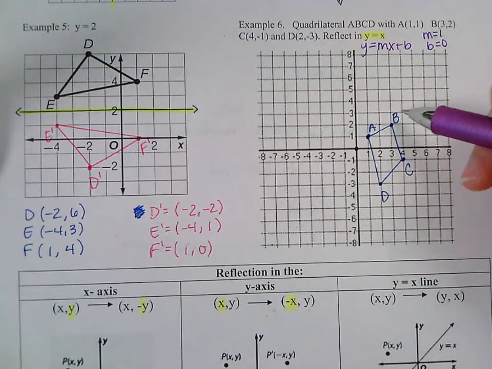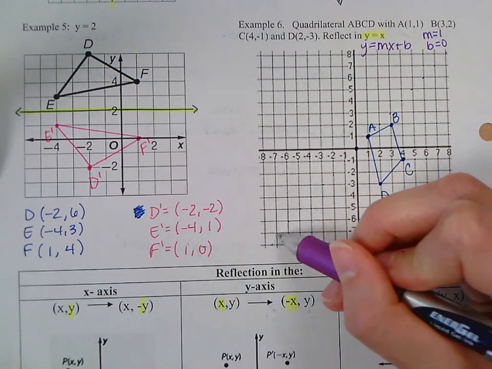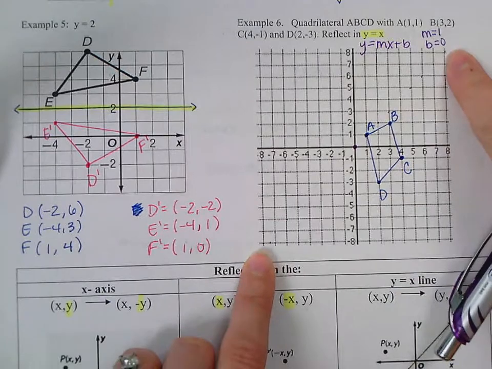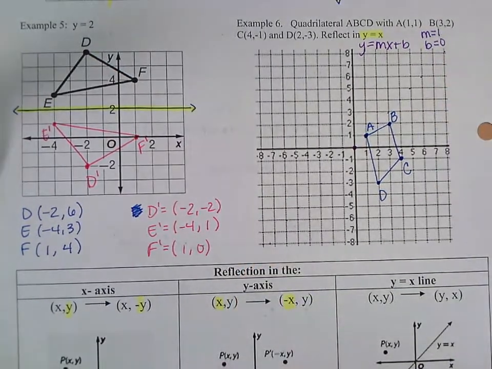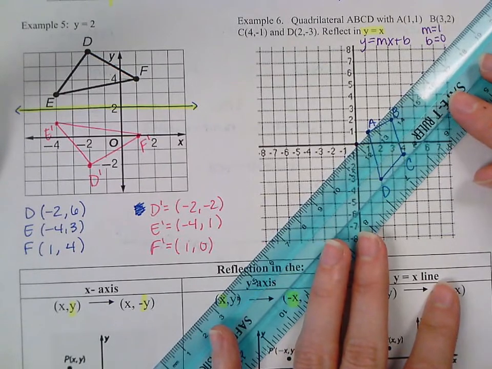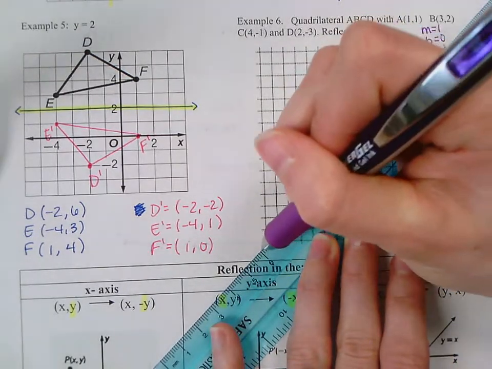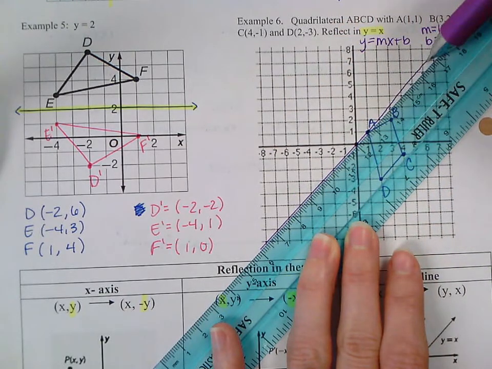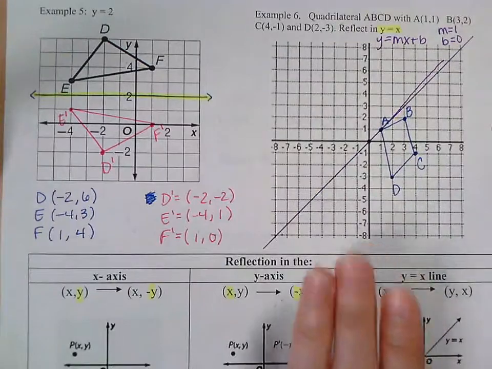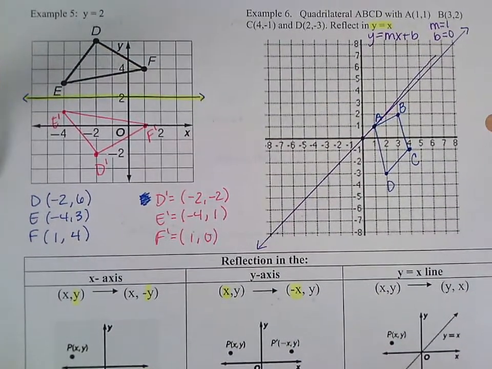So it ends up being the line that just goes through the bottom left and top right corners. That is the line y equals x. It's that diagonal line that splits your graph in half. Okay, so that's y equals x.